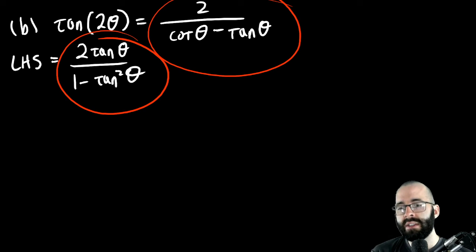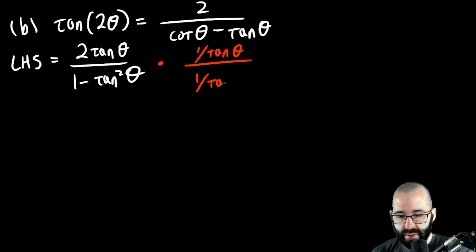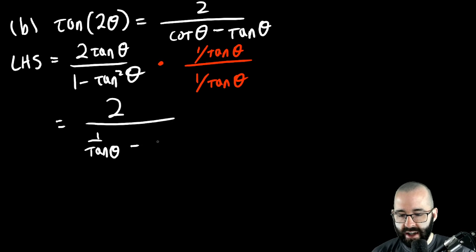What happens if we divide the bottom by tangent? Let's find out. Let's divide the top by tangent of theta, and let's divide the bottom by tangent of theta. If we do that, then on the top the tangents cancel, and on the bottom we have 1 over tangent theta, and then one of the tangents is going to cancel.